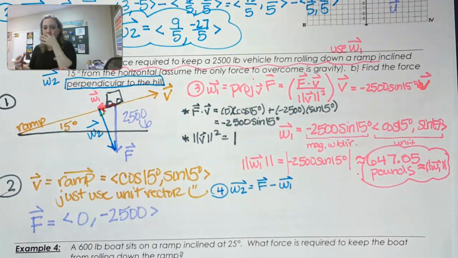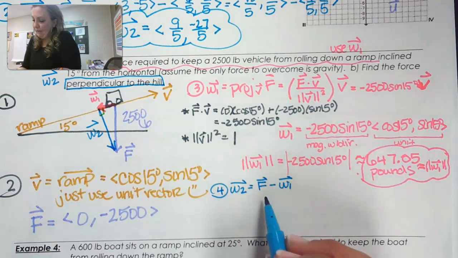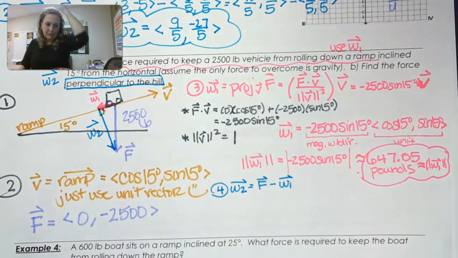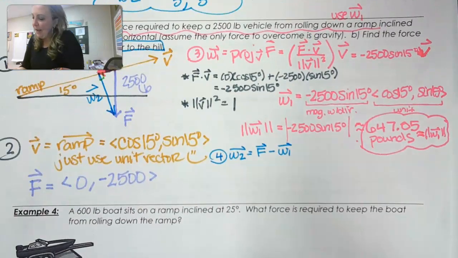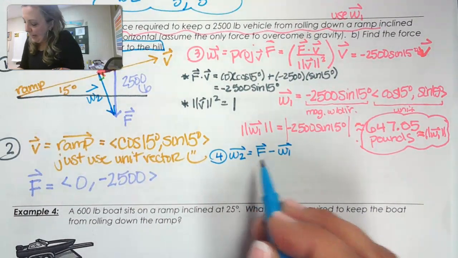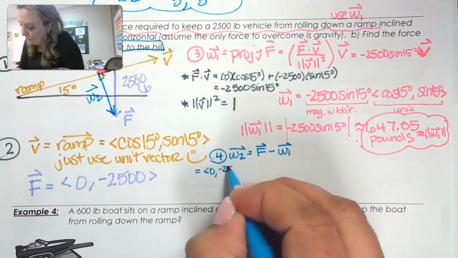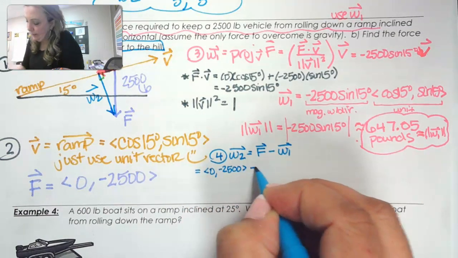Now, when I was doing this before with some kids, we were having some trouble. So I'm going to try to write everything out for the video notes so I don't lose too many of you. So I want to take vector F, which is 0, negative 2500.